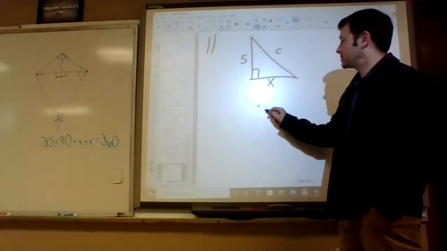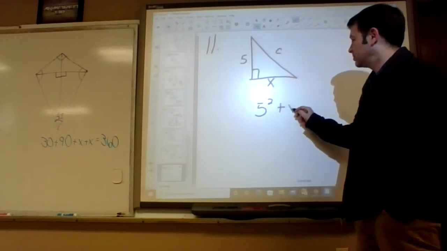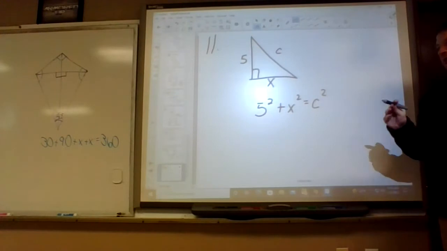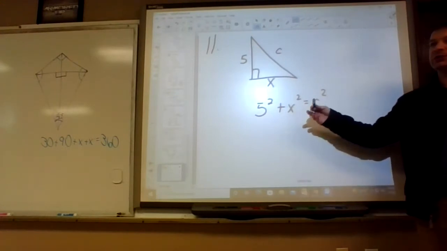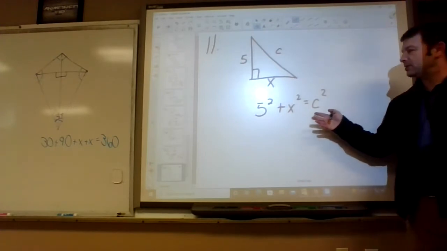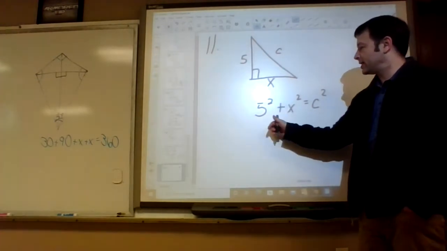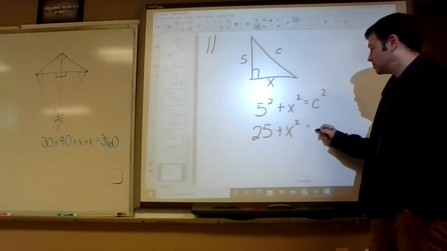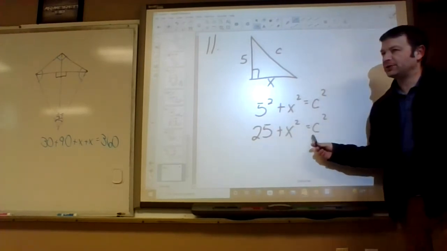5 squared plus x squared equals c squared. Now we can't solve this down to one number because we don't know what x is. So we're just going to simplify it as much as possible so it says c equals. Well, 5 squared, I know what that is. But how do I solve this for c?